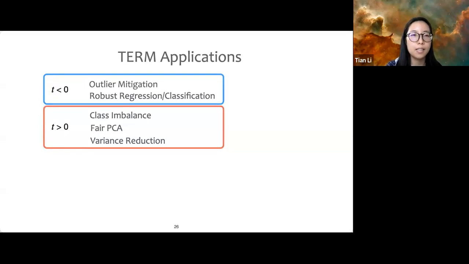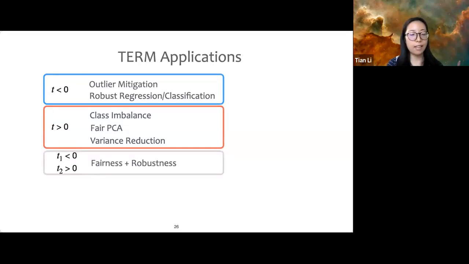And when t is positive, we can apply TERM to different fairness-based applications like addressing class imbalance, fair PCA, so principal component analysis, and then variance reduction.